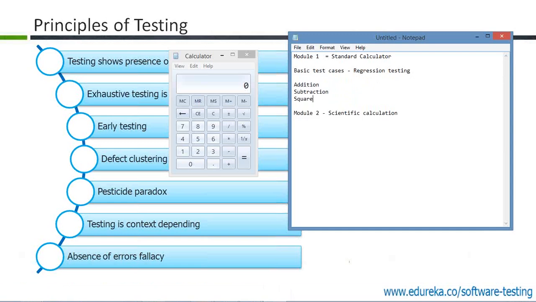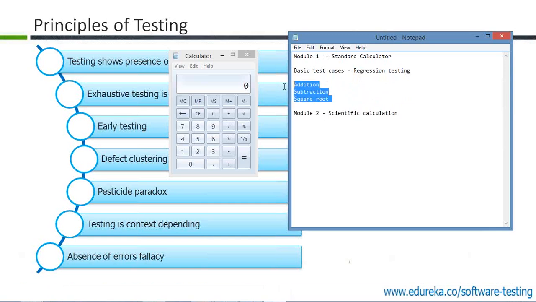Okay, I'll tell you why we need to do this. We'll have a deep dive session when I teach you regression testing. So these are the basics. We may not do extensive or exhaustive testing, just addition, subtraction and square root. Just wanted to understand whether the basic functionality is working or not.